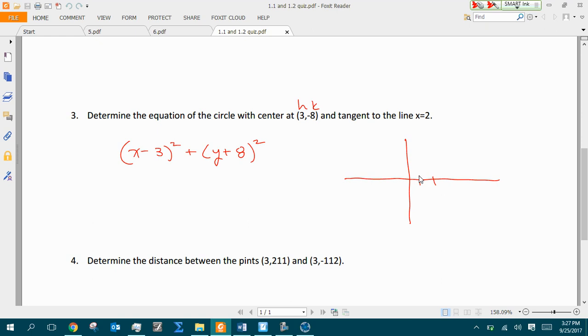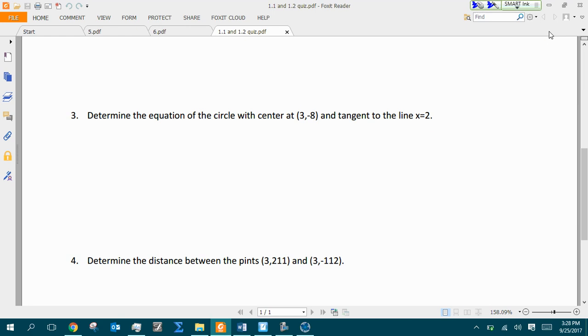So we've talked about 3, negative 8, and the line x = 2 is that vertical line right there. If that's an x value of 2 and this has an x value of 3, then to be tangent to it, that would be the radius, and that radius between 2 and 3 is 1 unit. So we'd have a circle that looks kind of like that, and r would be 1, so 1 squared.